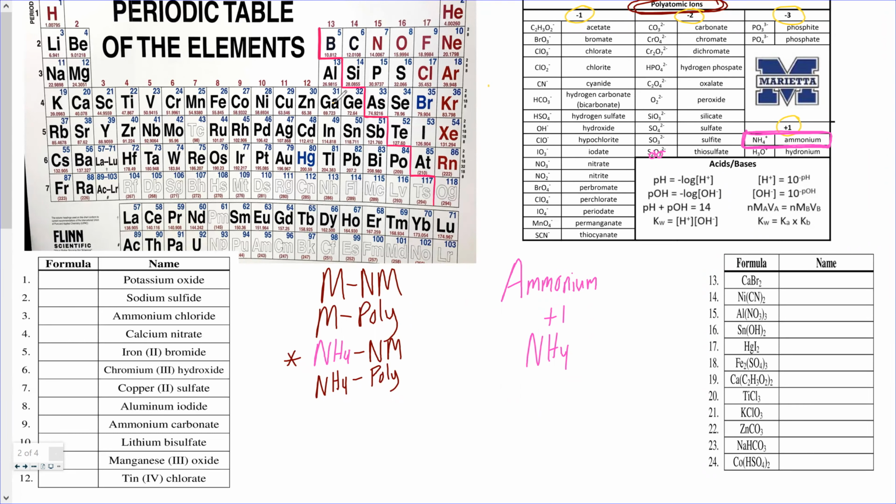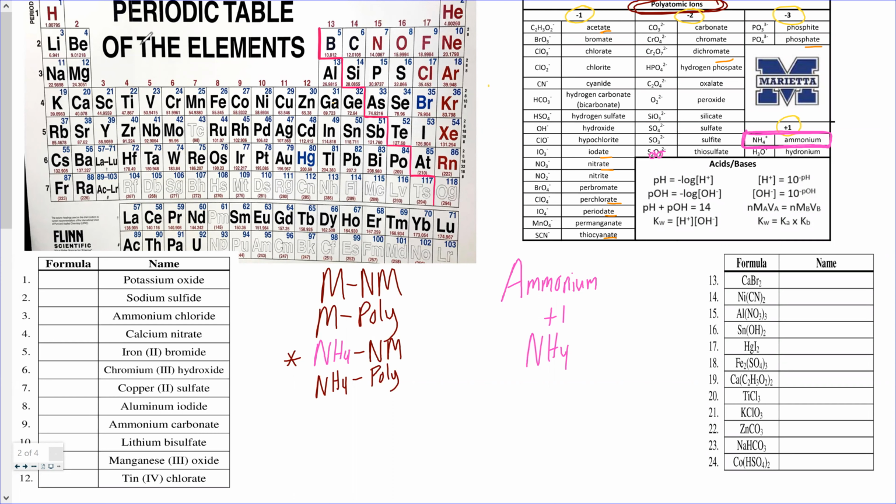Now, let me remind you and give you a hint that you would need for your quiz. If it is a polyatomic, here's how you know it's a polyatomic. Most of your polyatomics, with the exception of like 3 or so, at least on this chart, end in ate: acetate, bromate, iodate, nitrate, perchlorate, periodate, thiocyanate, chromate, phosphate.